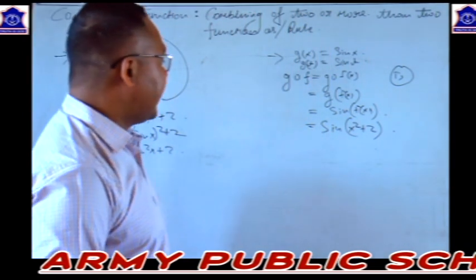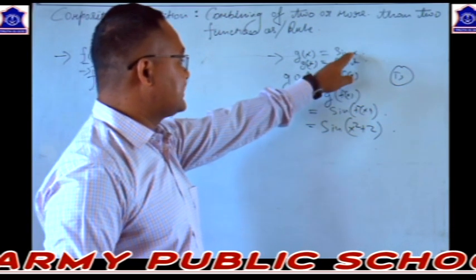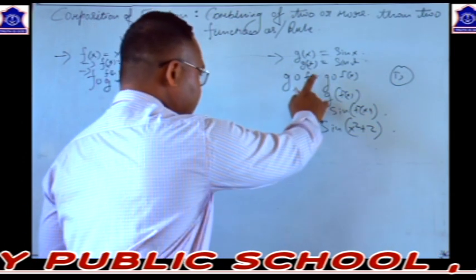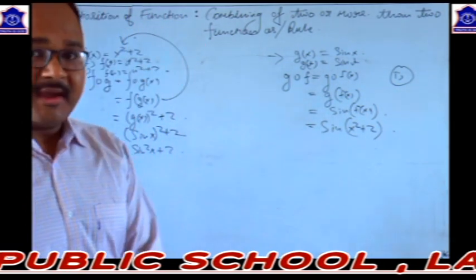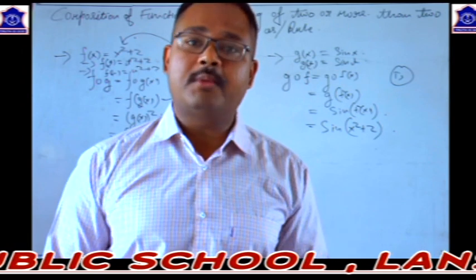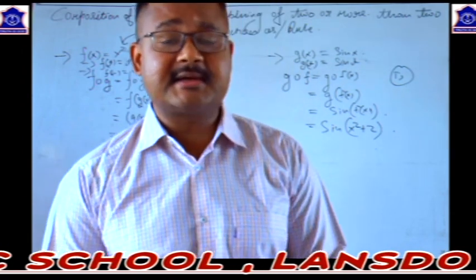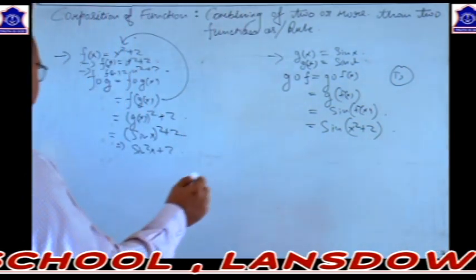So here you have combined a trigonometric function, that is g(x) equal to sin x, and a polynomial function. So in this way you can combine two or more than two functions. As I said, more than two functions. Let us consider another function h(x).